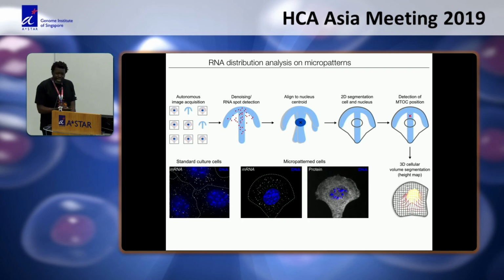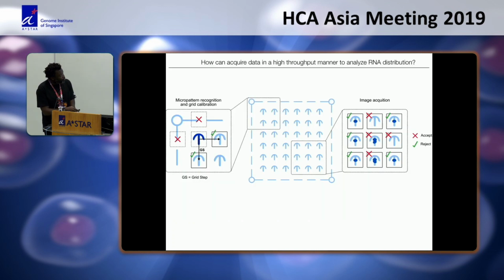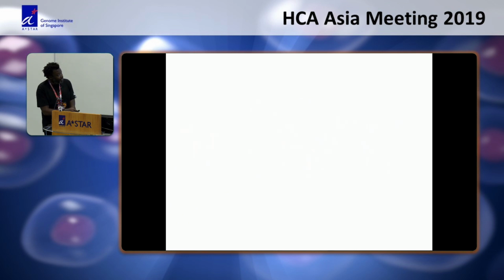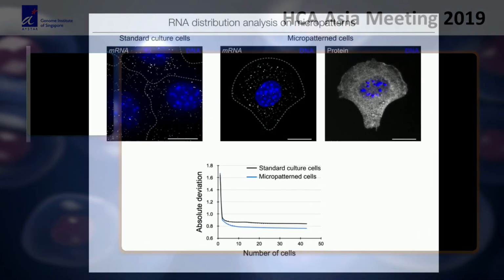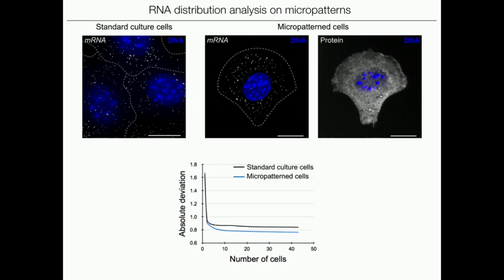And you'll see in a moment that that alone isn't enough, because we still need to apply some different algorithms and mathematical filters to be able to reveal clustering or non-clustering or non-positioning of these RNAs and proteins. So this is just showing how we initially microfabricated these techniques, but importantly, when you do this, you see that the deviation in the position of these central dogma molecules becomes very constant after a low number of cells.